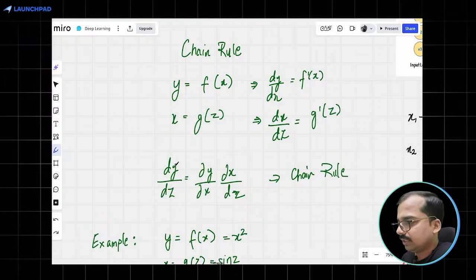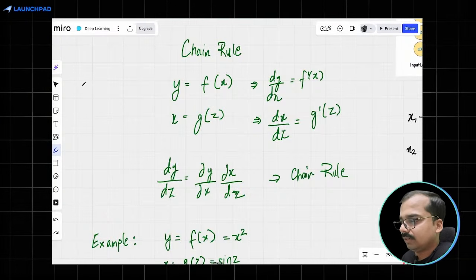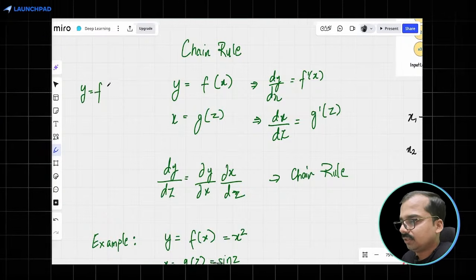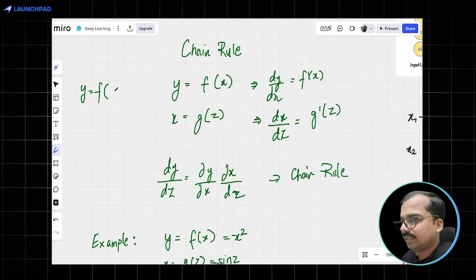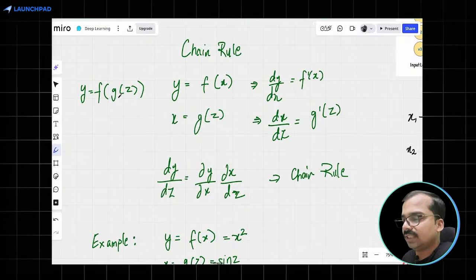So chain rule works when you have a composite function. You can write it like this also, right? That y is a function of x and x is a function of z. So y is a function of g(z).